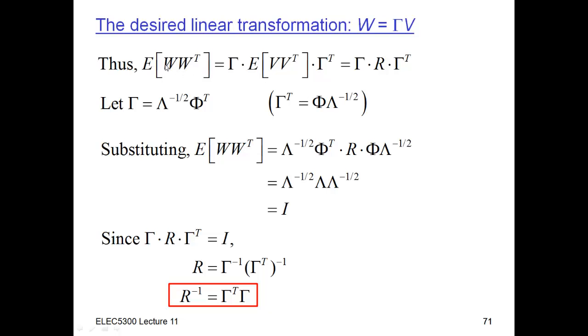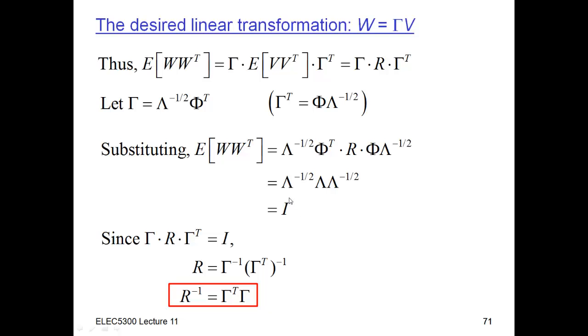This is the exact same thing we did earlier. The correlation matrix of W is just gamma times the correlation matrix of V times gamma transpose. I substitute in gamma, and this diagonalizes R inside, and then I get lambda, and this thing reduces to the identity.